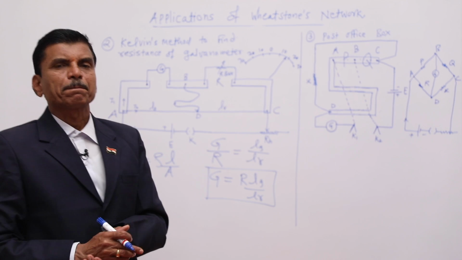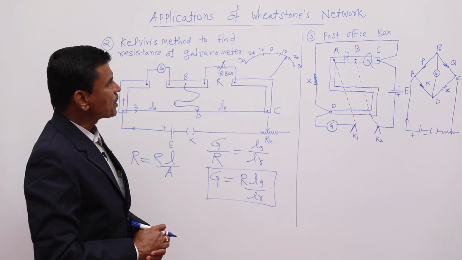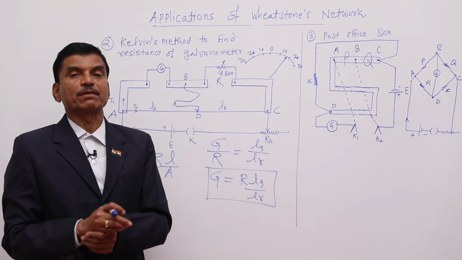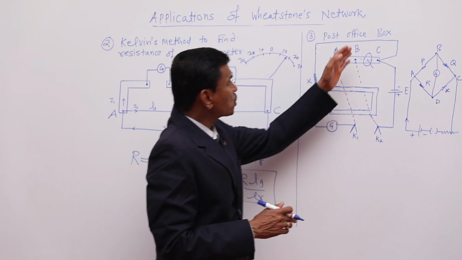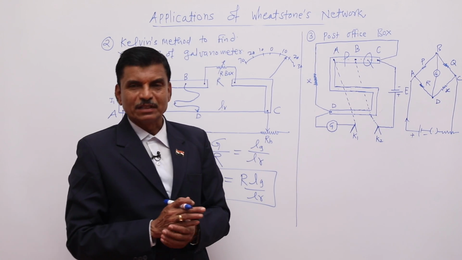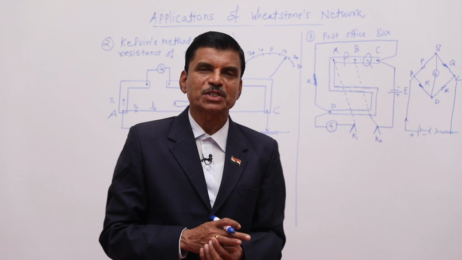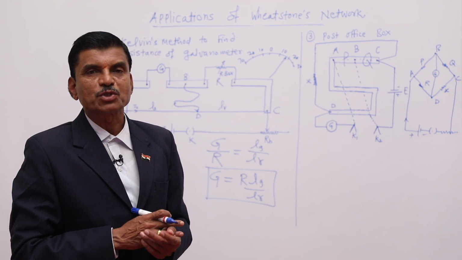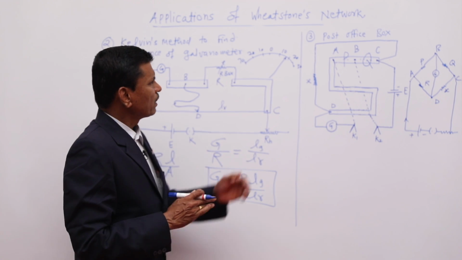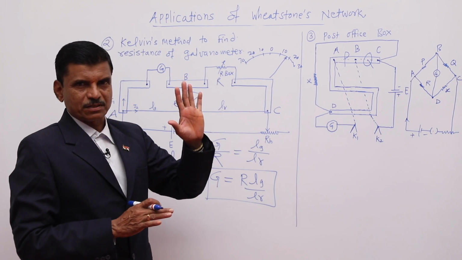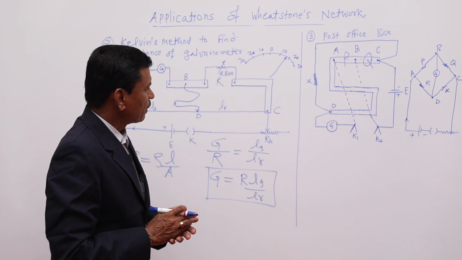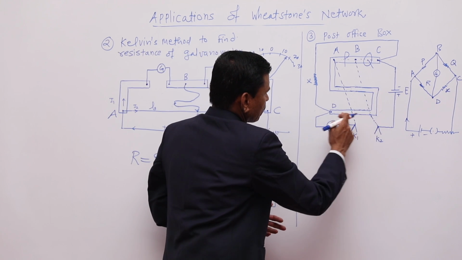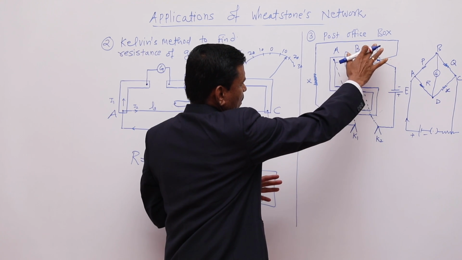In a similar way, now I am discussing the third application of the Wheatstone network, and that is the post office box. The name is post office box because in older times it was used in post offices. The use is to find an unknown resistance. See, there is an S type nature and there is a box.